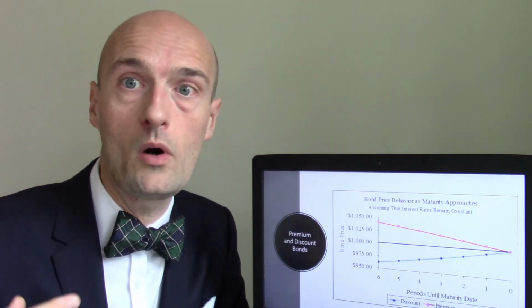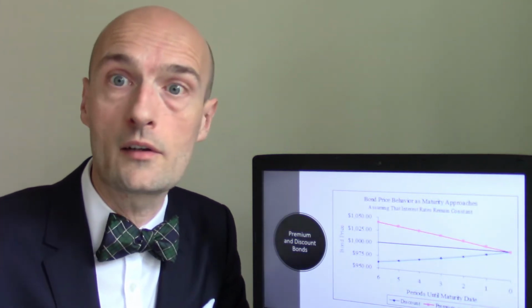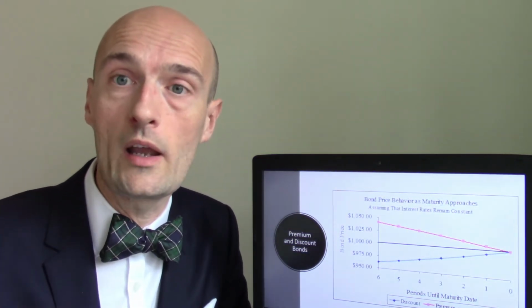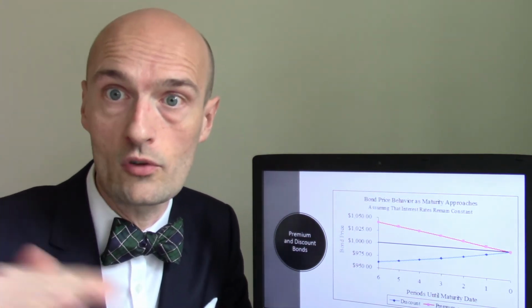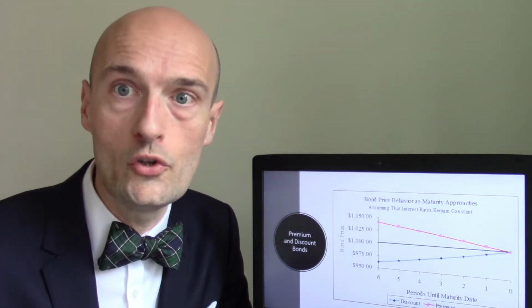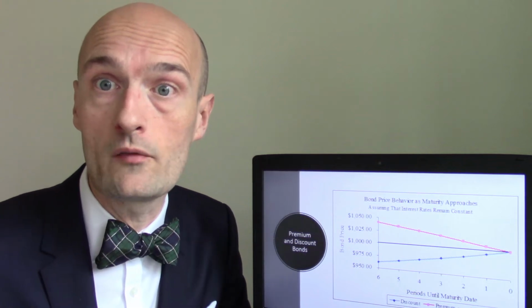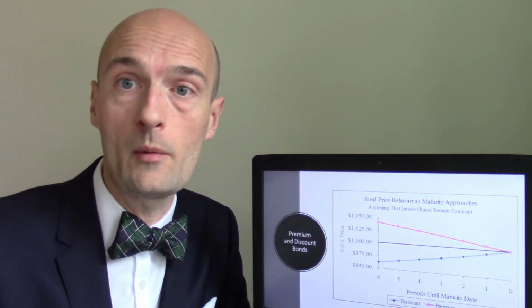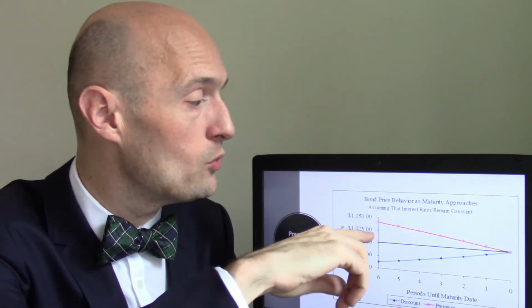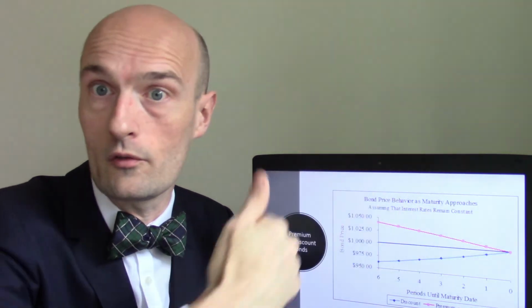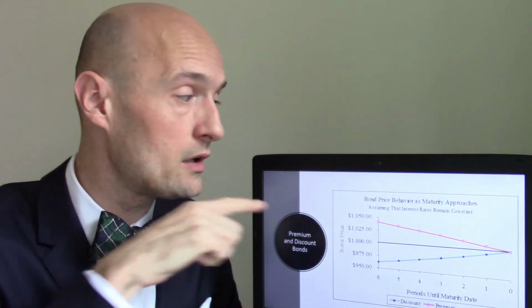Now, let's talk about what would cause a bond to be trading at a premium. Well, we just explained that if rates go down, bond prices go up. We had an example of a bond that was issued with a 5% coupon, and then the next day interest rates fell, and the new interest rate would have been 4%. So that bond, we said, would go up in value. It would now be trading at a premium. So even though it pays off $1,000 at maturity, maybe you pay more than $1,000 for it, but you receive all those 5% coupons, and then eventually at maturity, you'll get your $1,000 back.